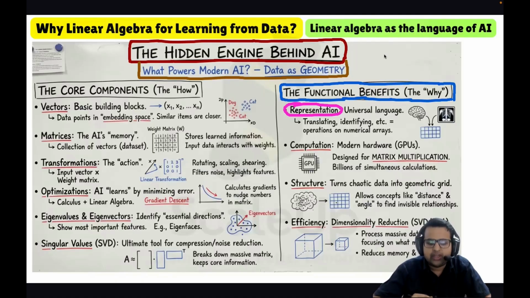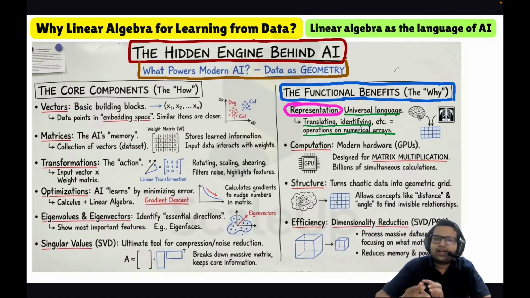Linear algebra provides a universal language. Whether you are translating French to English or identifying cancer in an X-ray, linear algebra represents both problems as operations on numerical arrays.